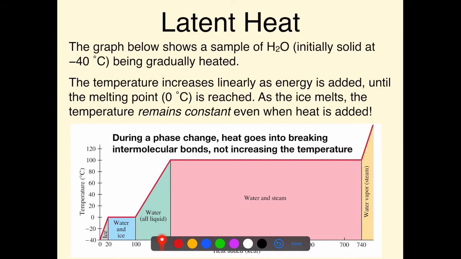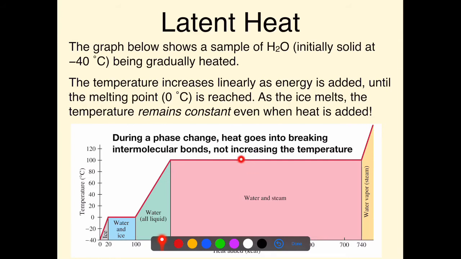So what's the takeaway point of this graph? Well, we see that when there's no phase change happening, let's say over here, if you add heat, it goes into increasing the temperature of the system. The temperature goes up as you add heat. But that's not true when we're undergoing a phase change, like over here.